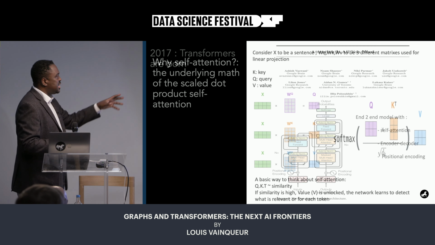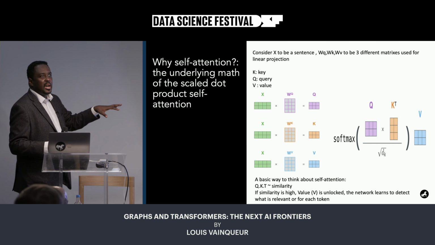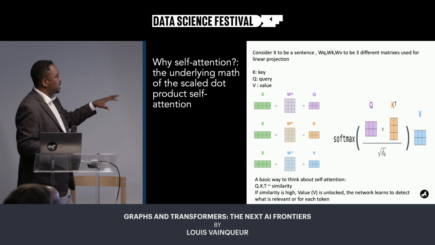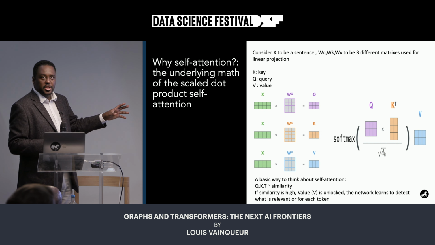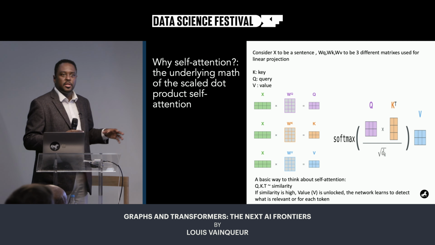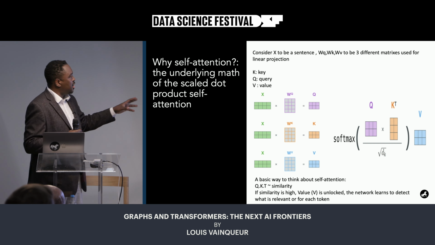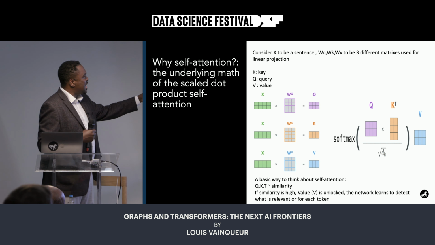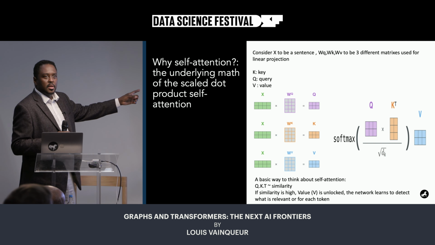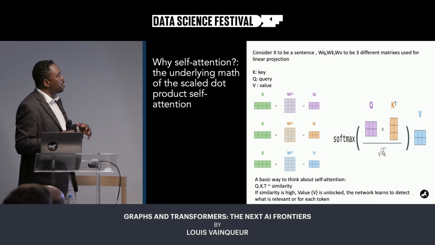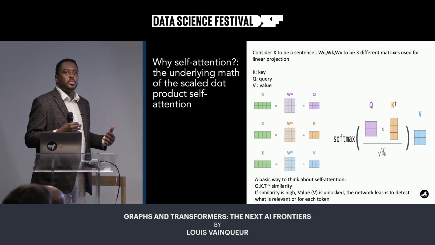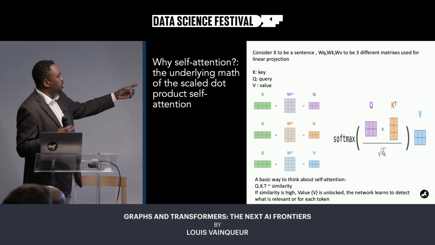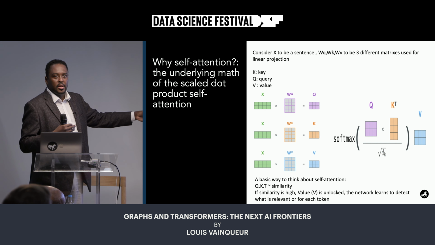Okay, and so this is the math that is happening behind. This is referred to most of the time as self-attention. The reason this is self-attention is because you start with a vector, an input to your model. In that case, the input is X here. And you make a projection of that input with 3 different matrices, WQ, WK, and WV.